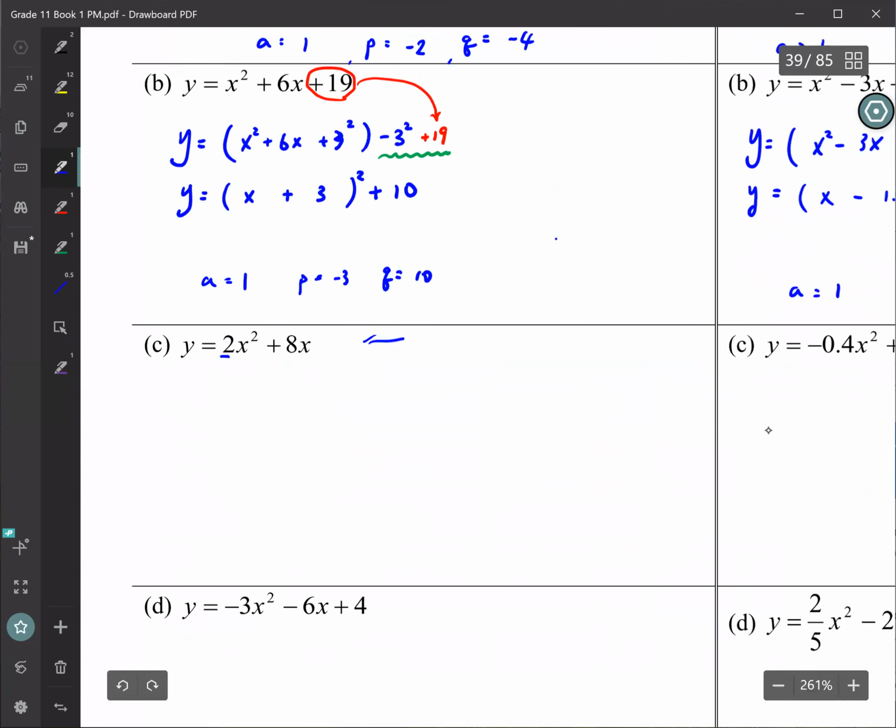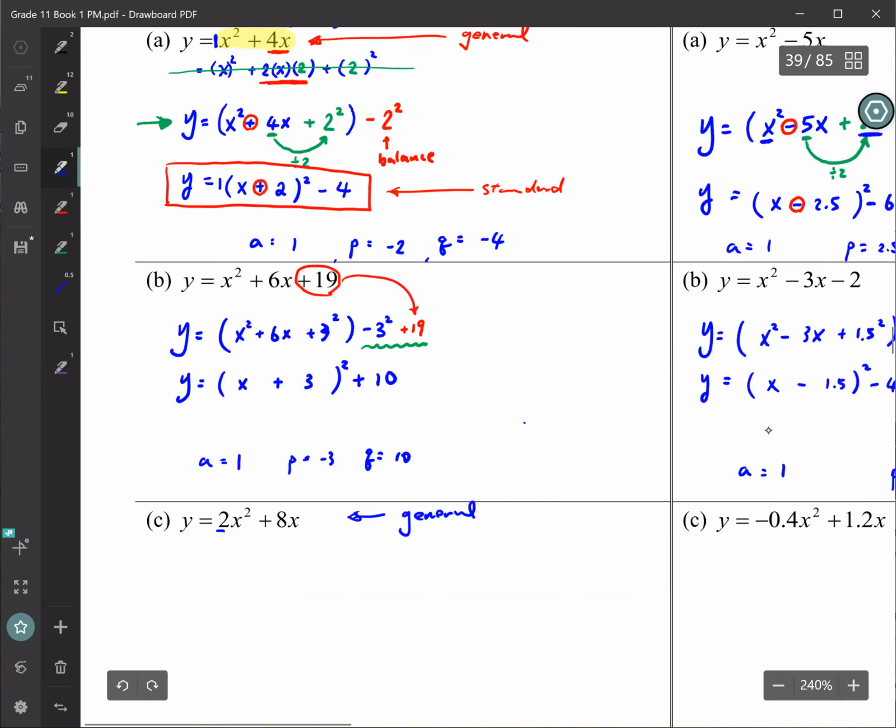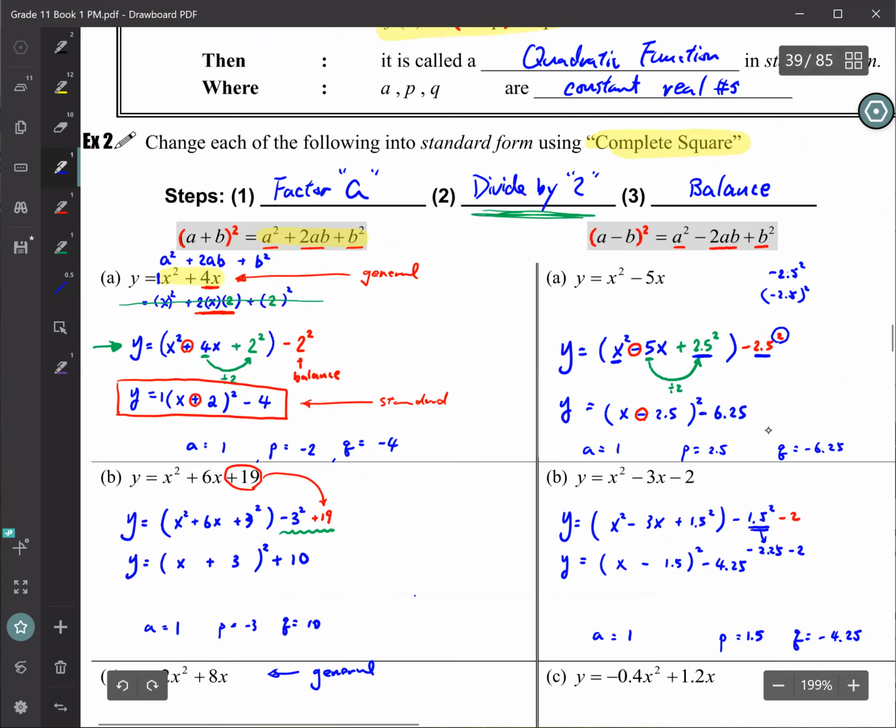This one is general, okay? So if you have an A equal to something other than 1, so far, in all the questions, the A is always 1, then you need to do factor A, or step 1. Step 1 is factor A, and then you divide by 2 and then balance, okay?